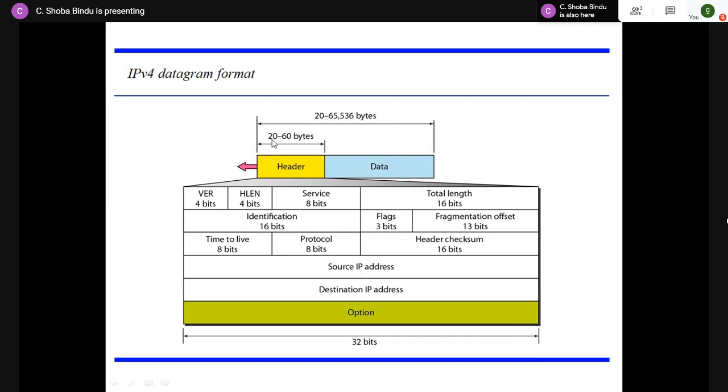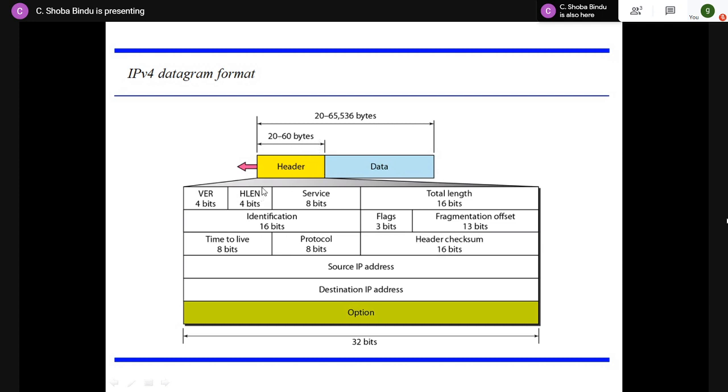If the header size is 20 bytes, how many 4-byte words are in the header? That is 20 divided by 4, so it takes a value of 5. So the header length value will be 5 if the total header is 20 bytes.